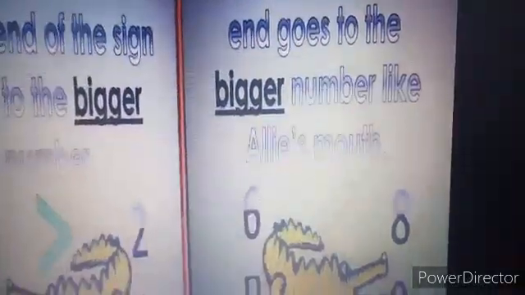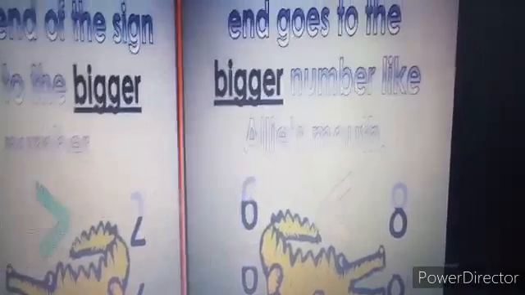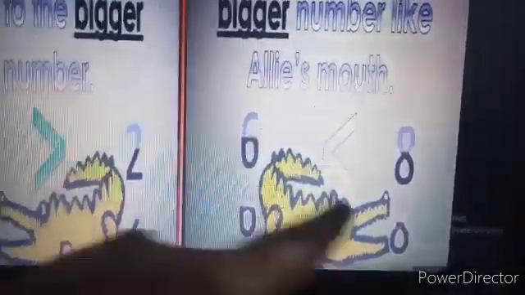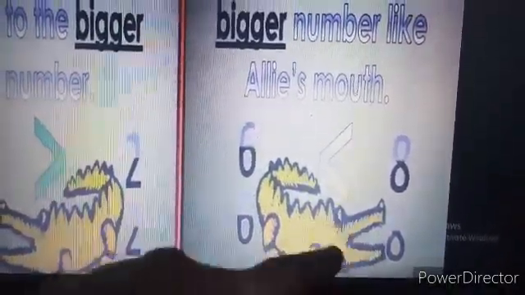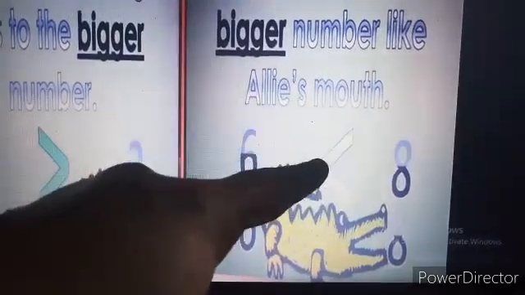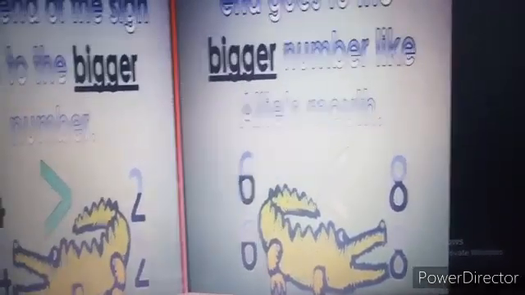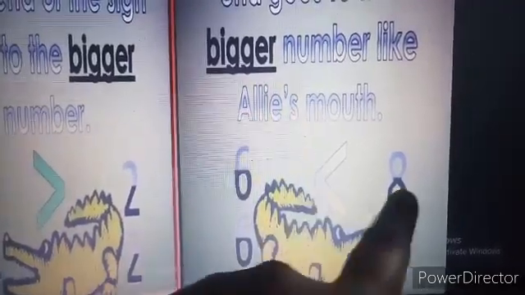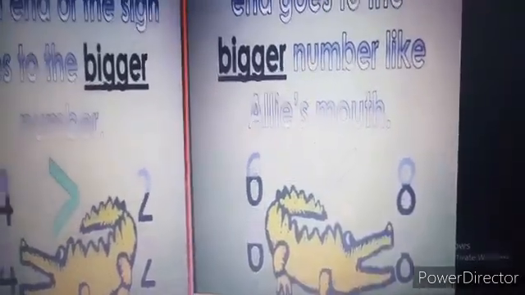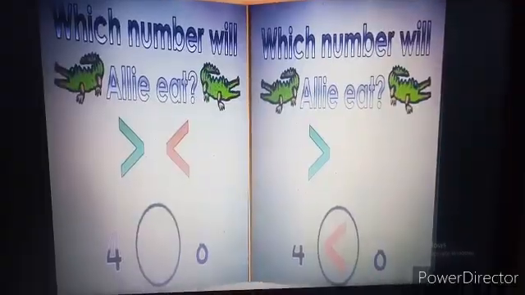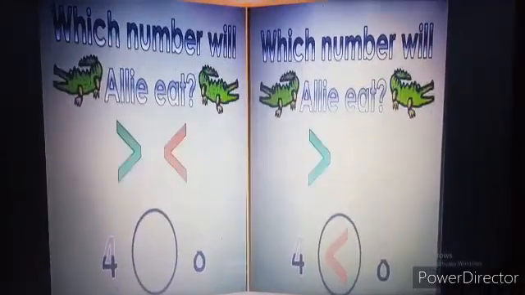She will eat the number 8. Okay. Now look at her mouth. It is of what symbol? See, less than symbol. So how you will tell? 6 is less than 8. Understood? Now let's see some more.